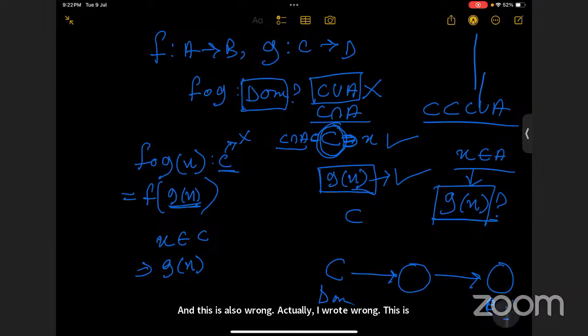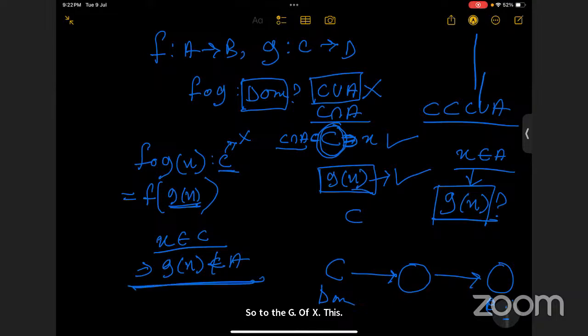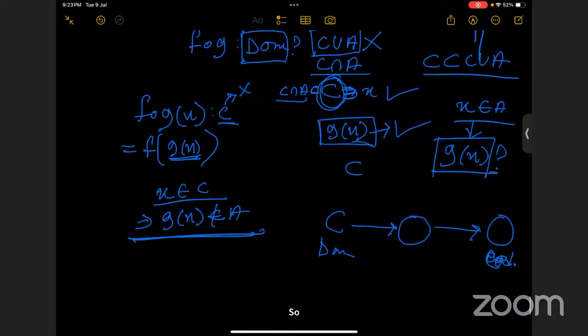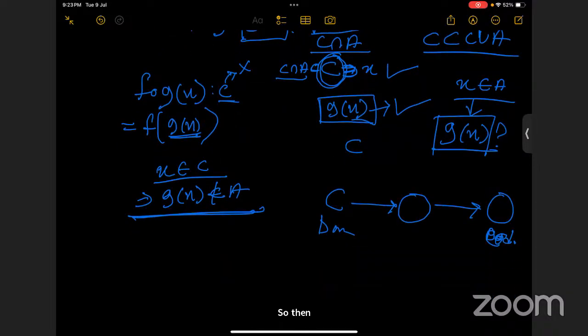Suppose I took some x from the C such that g of x doesn't belong to A. Then is it possible to take any kind of x from C? Yes, ma'am. So then we can take the whole C for all the cases, right? Yes, ma'am.